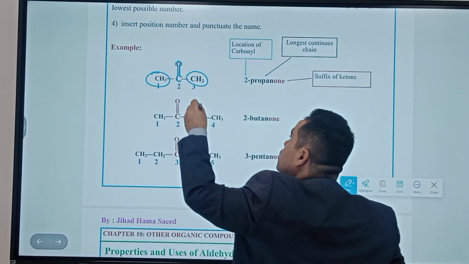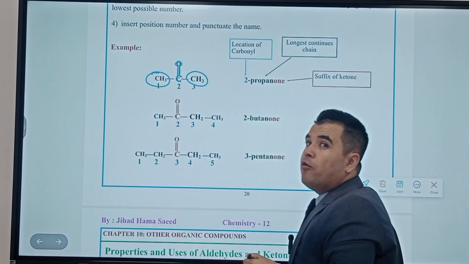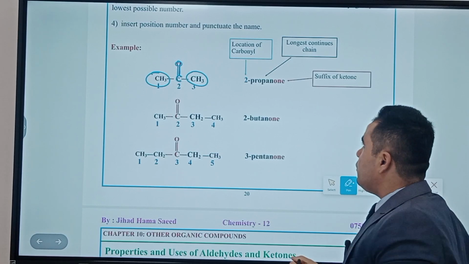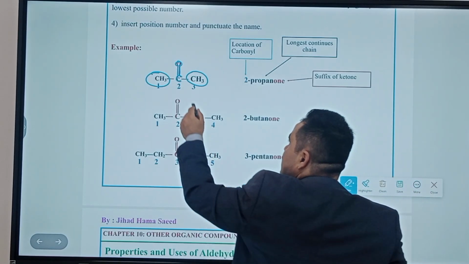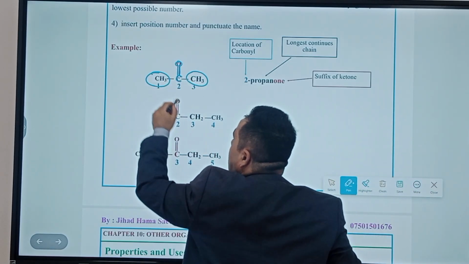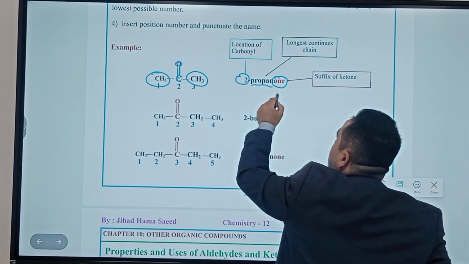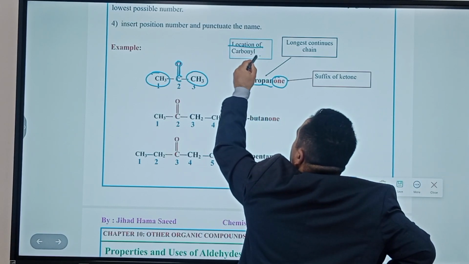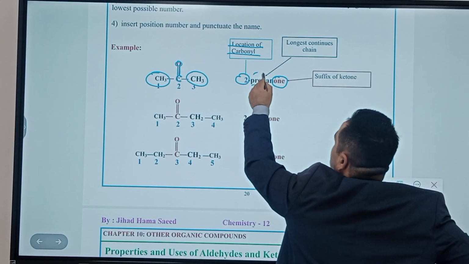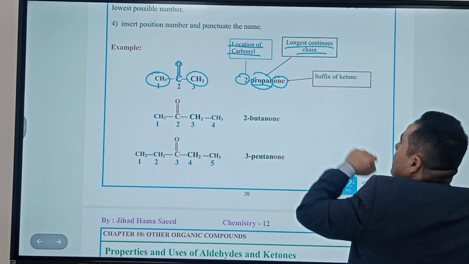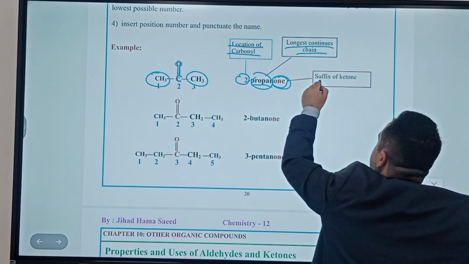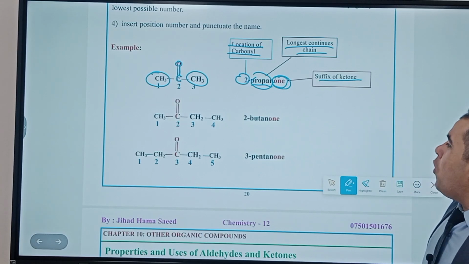So you have to give the position number of the carbonyl group here, which is on the second, and then name the parent. So 2-propanone: the first is the location of the carbonyl group, and then propan is the name of the parent chain, and ONE is the suffix of ketone.